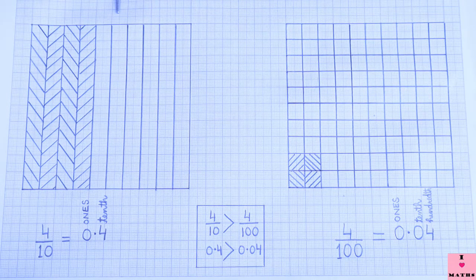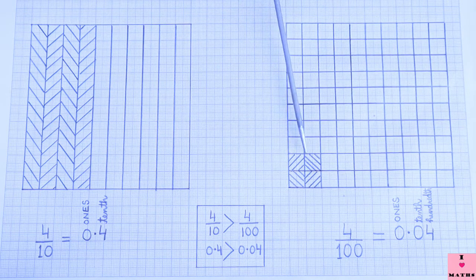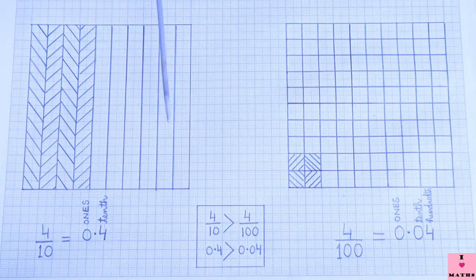Again, these two squares are exactly equal. This one has been divided into 10 equal parts, and this one has been divided into 100 equal parts, as 10 tens are 100. In this square, 4 parts have been shaded out of 10 equal parts.